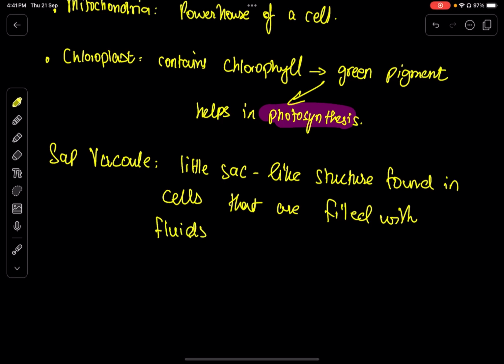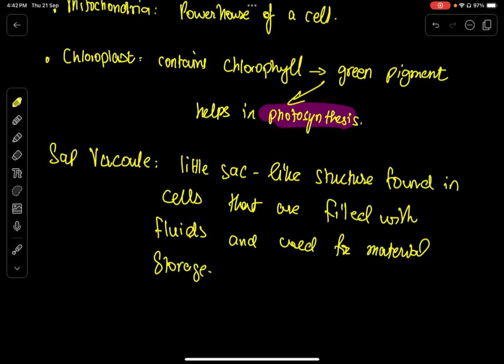Fluids, and used for material storage. So basically, sap vacuole is a concentrated solution in which all of the minerals are stored. It is also called cell sap.